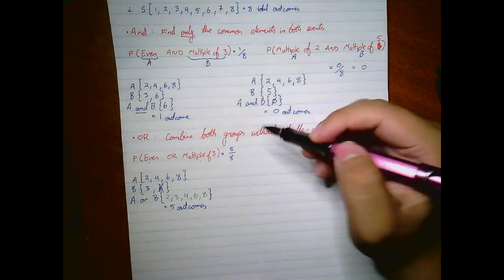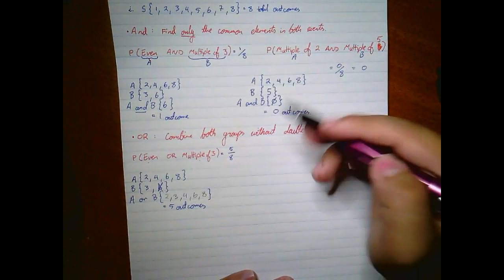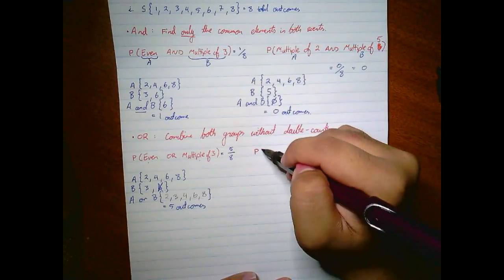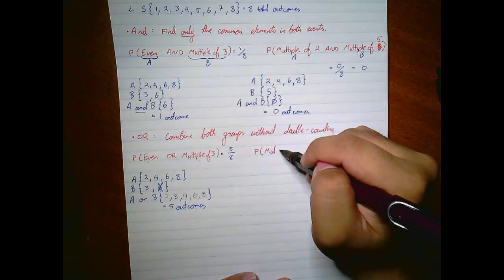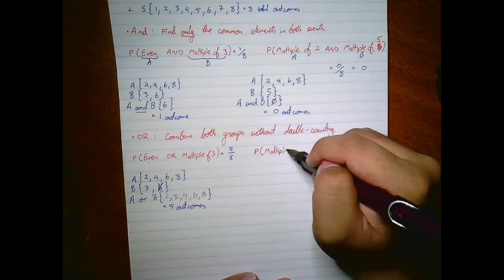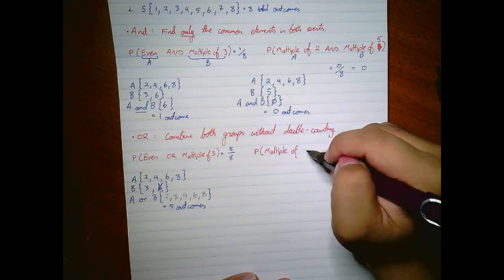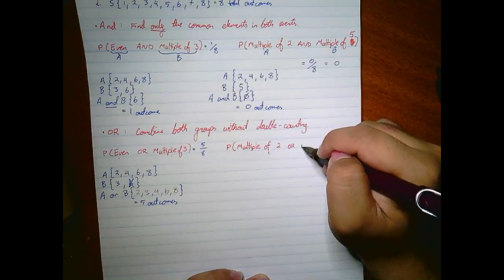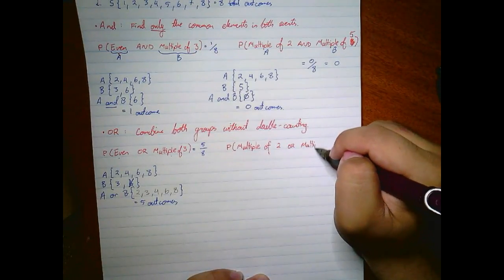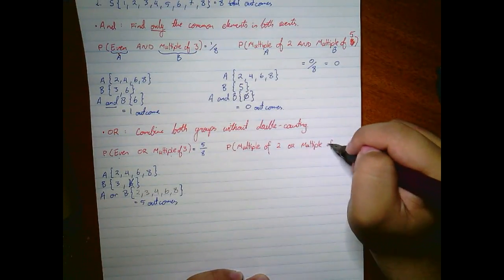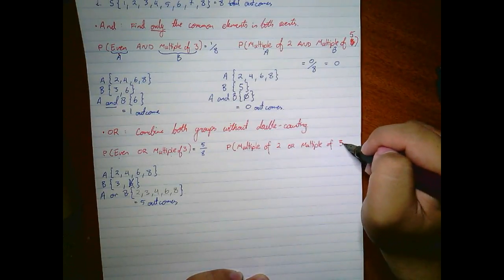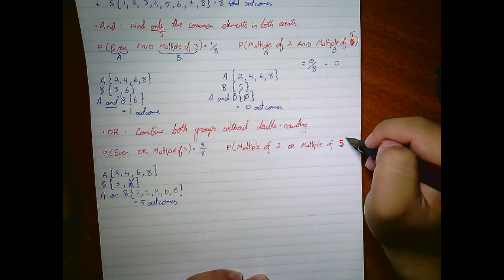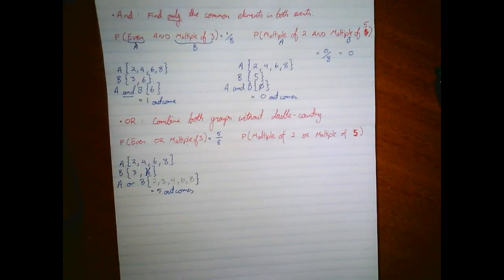We'll go with a probability, same thing as above. The probability of a multiple of 2 or a multiple of 5, this time.